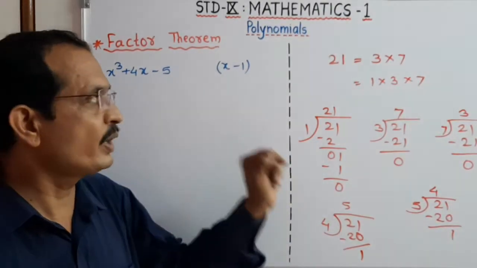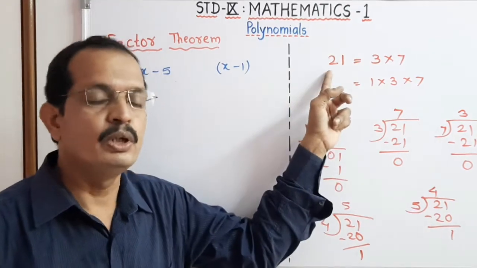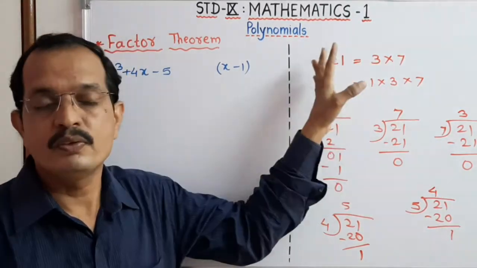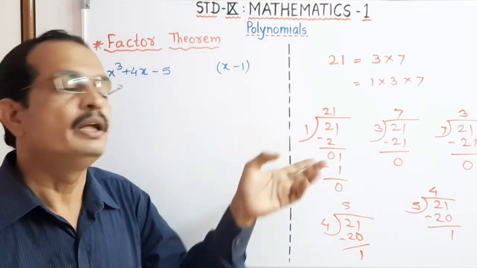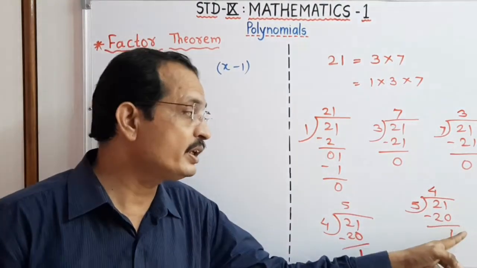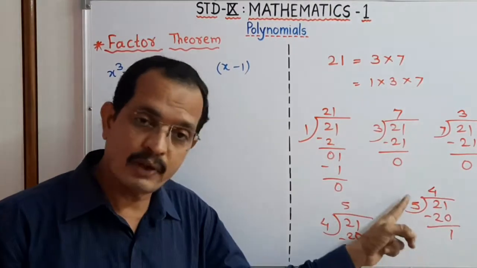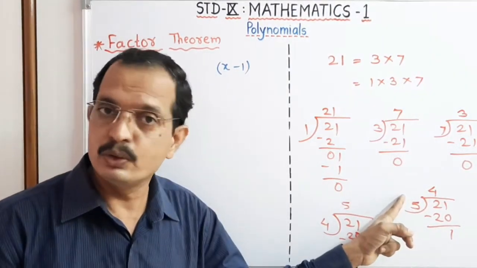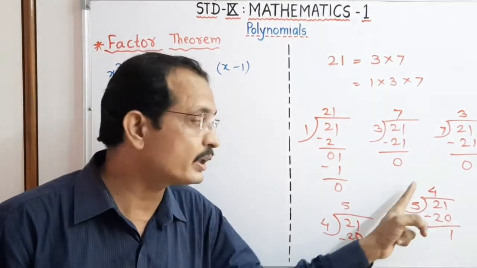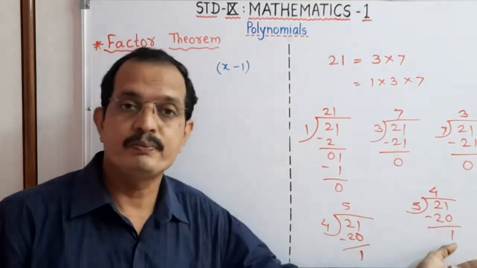If we divide 21 with 3 and the remainder is 0, then 3 is known as a factor of 21. If we divide 21 with 5 and the remainder is not 0, then 5 is not a factor of 21. Why? Because the remainder is not 0.